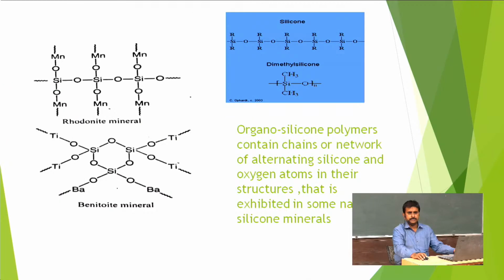Further, these are some structures I would like to explain to you. This one is the rhodonite mineral. In this, we have a repeated unit of Si-O bond, and in this we have manganese as a side chain, and it goes to the formation of a mineral commonly known as rhodonite.